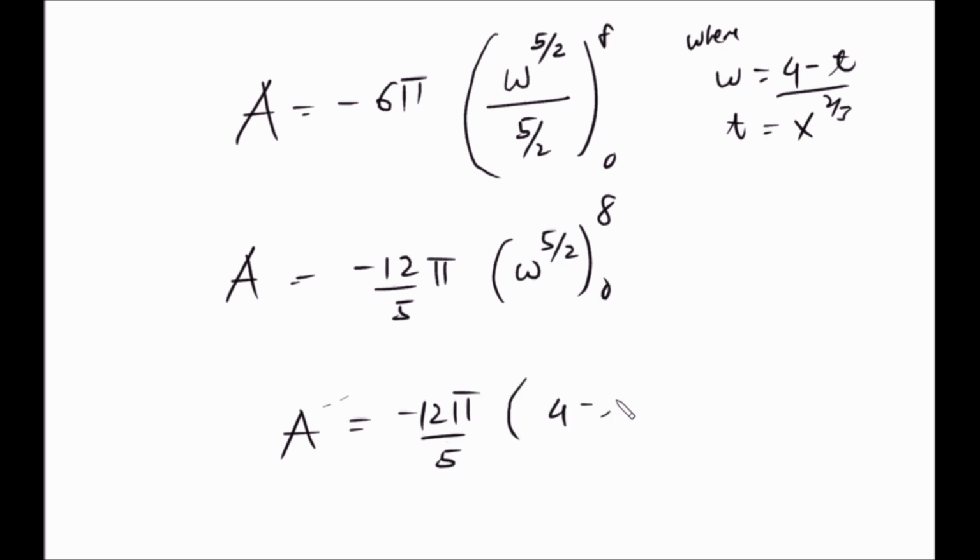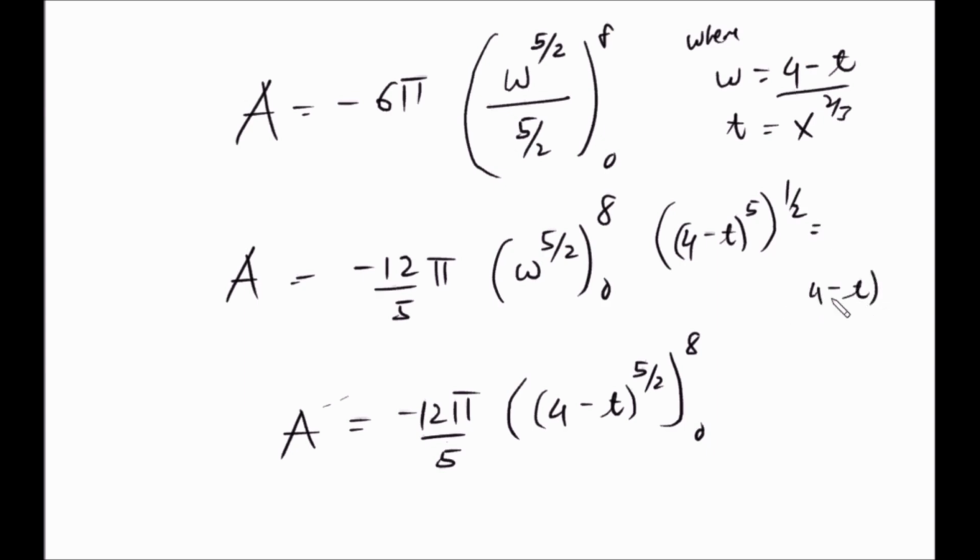So we have 4 minus t power 5 over 2 from 0 to 8. So this power 5 over 2, this 4 minus t power 5 over 2, is what we say 4 minus t power 5 under a square root.